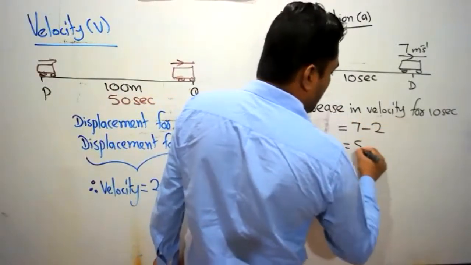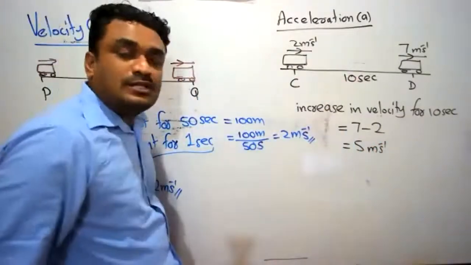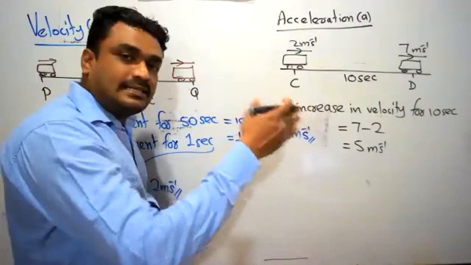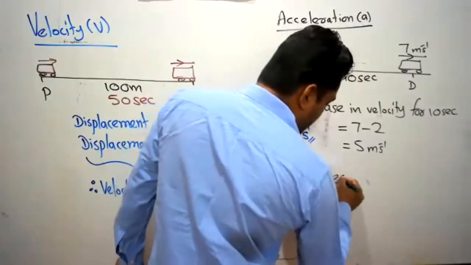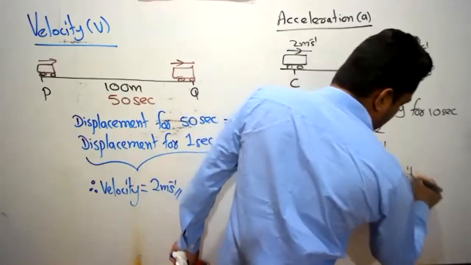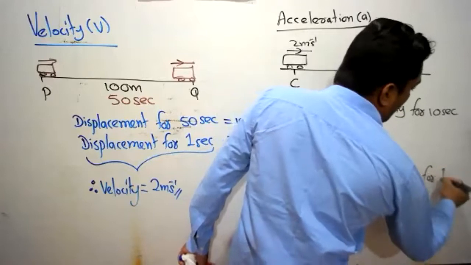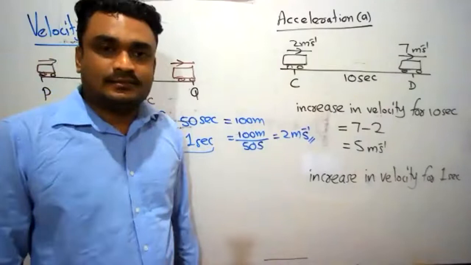That is 5, unit is meter per second. So what is the increase in velocity for 1 second?